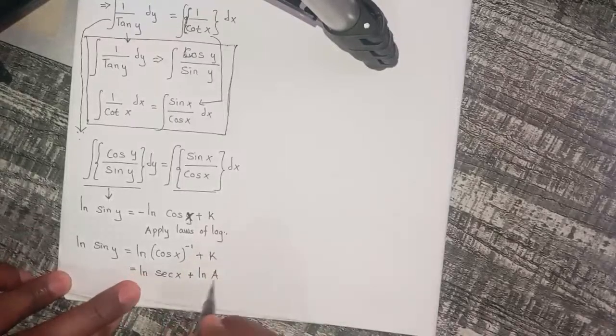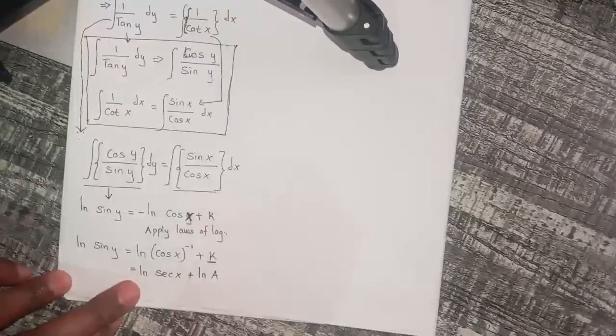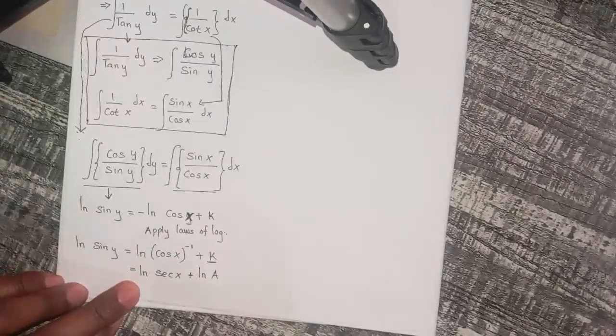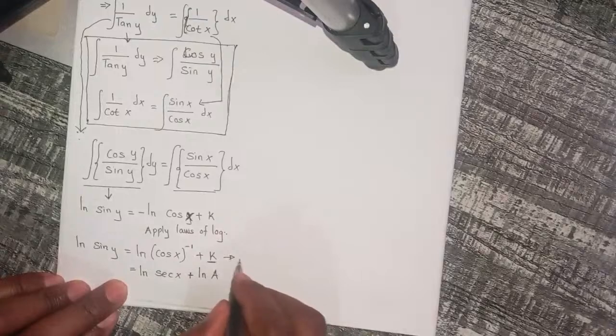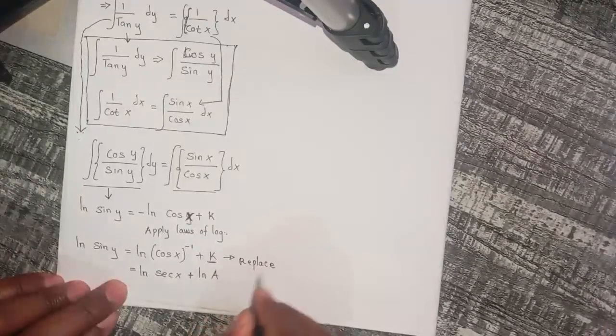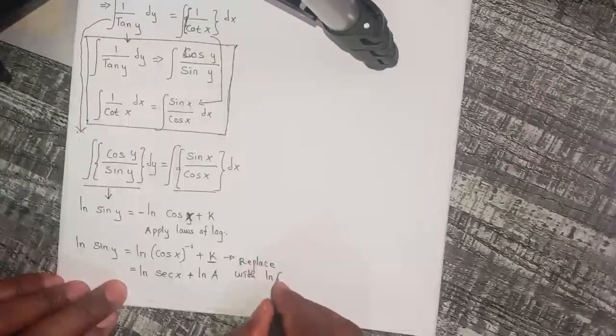So let me explain where our constant k goes. From the previous example, we had said that this constant can be replaced with the natural log of another variable, let's say in this case a.